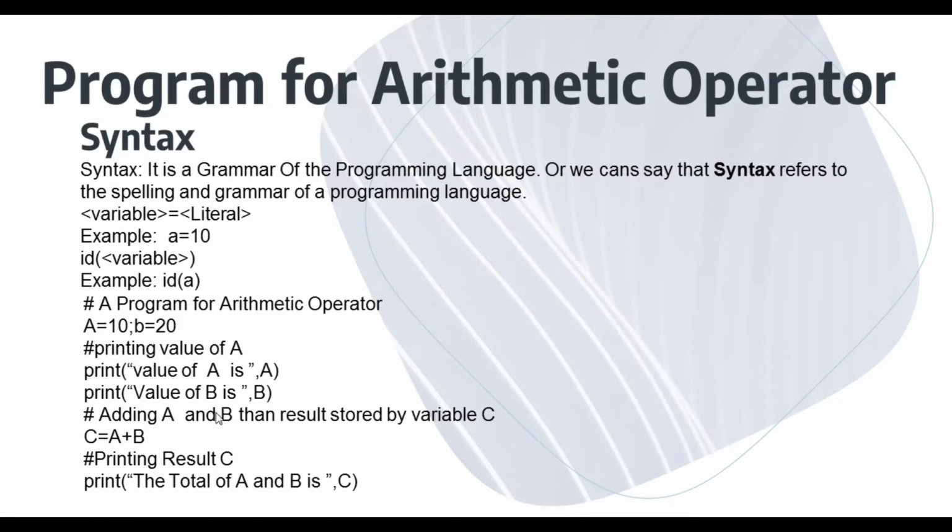After that I have added a and b and stored the result in variable c. So c equals a plus b, and then print within round brackets "the total of a and b is", comma c.